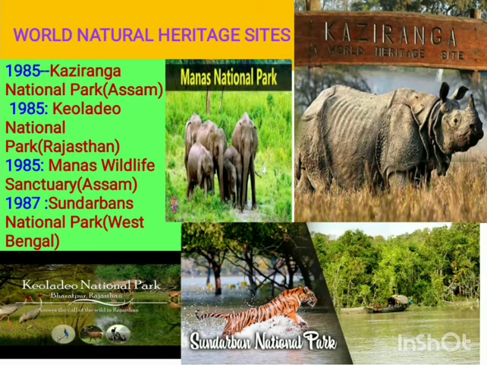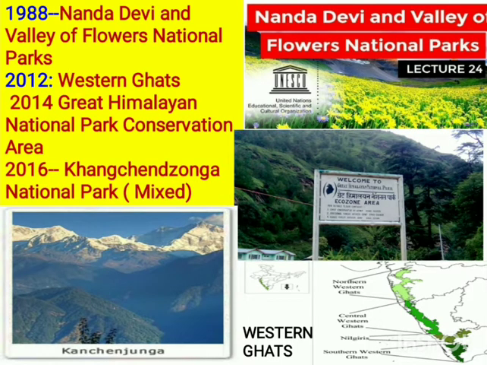In 1987, we had the Sundarbans National Park, West Bengal. 1988, Nanda Devi and Valley of Flowers National Park. 2012, Western Ghats. 2014, Great Himalayan National Park Conservation Area, and 2016, Kanchenjunga National Park.